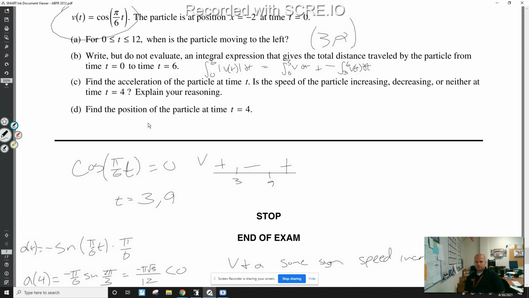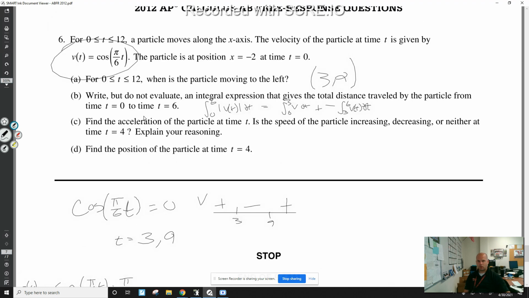Find the position at time 4. Yeah, this is actually tough, right? x of 4 equals x of 0 plus the integral from 0 to 4 of v. Okay, great. Negative 2 plus the integral from 0 to 4 of cosine of pi over 6 t dt. We have to evaluate this without a calculator.